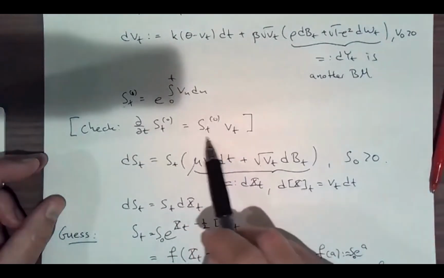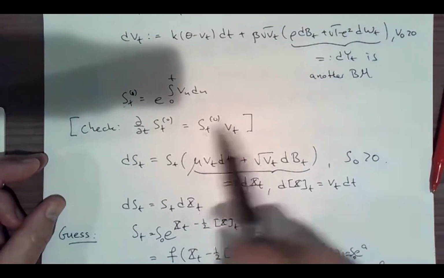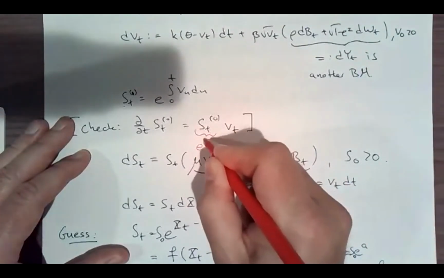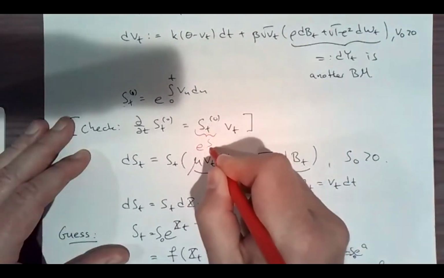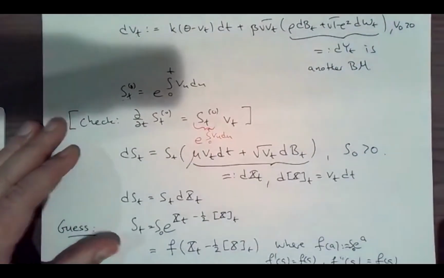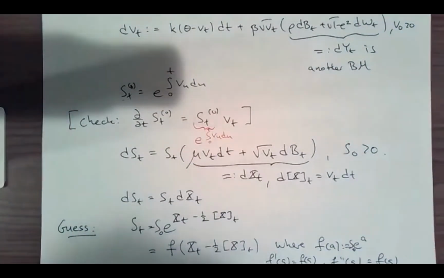No, it's right in here. This part here, right? This is the integral from 0 to t of vu du. Oh, you substituted it in already. Okay, I got you. I see.